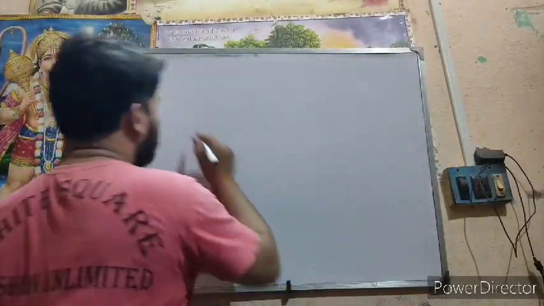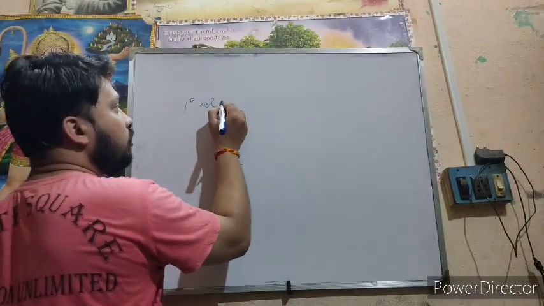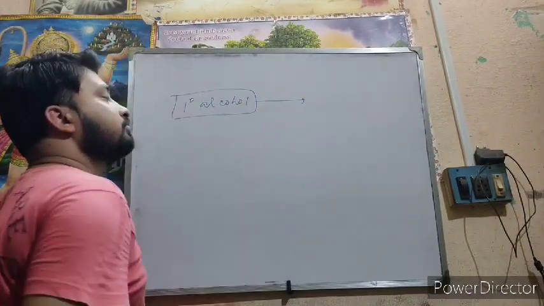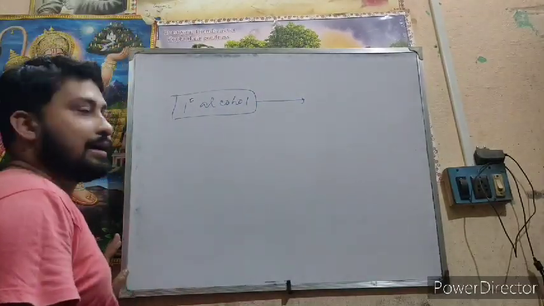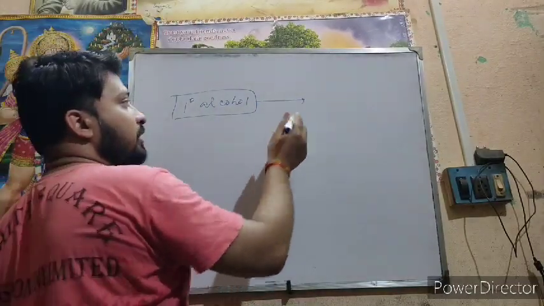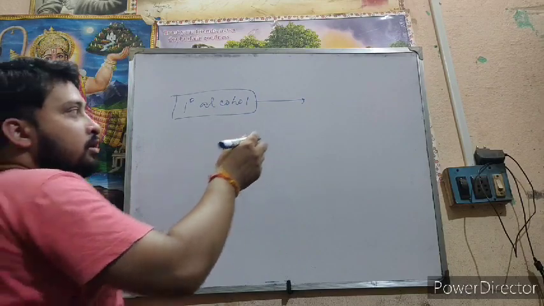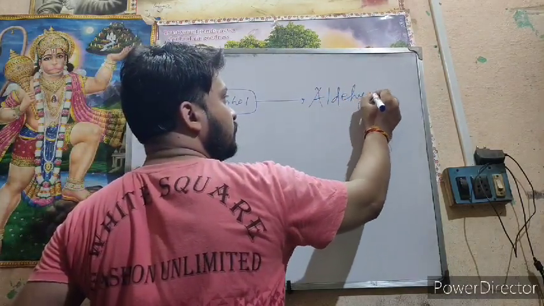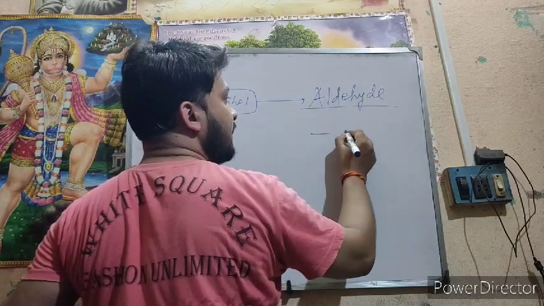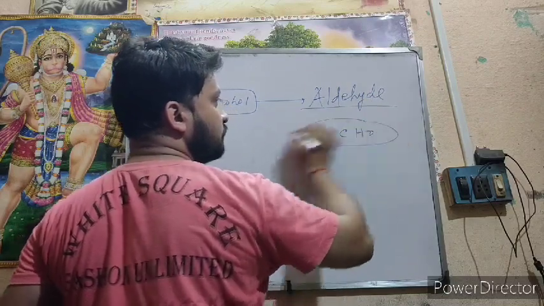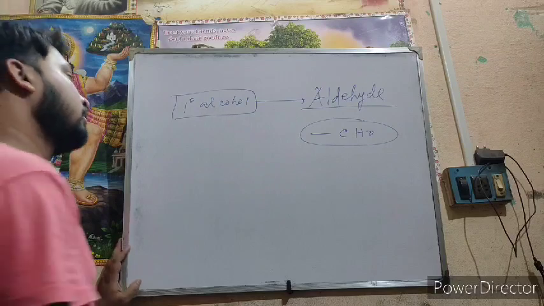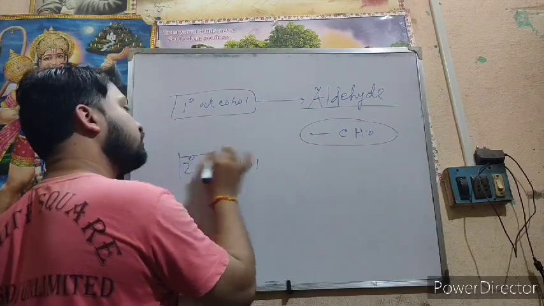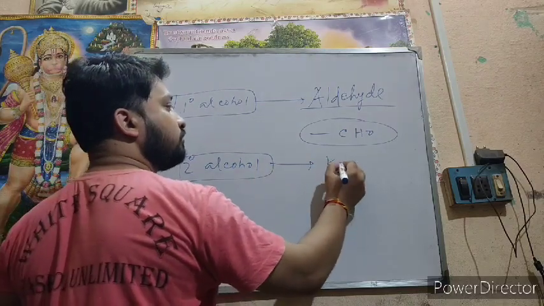see that if you use 1 degree alcohol, what do you get? You get aldehyde. Which is aldehyde? The one that has CHO. If you use 2 degree alcohol, you get ketone.